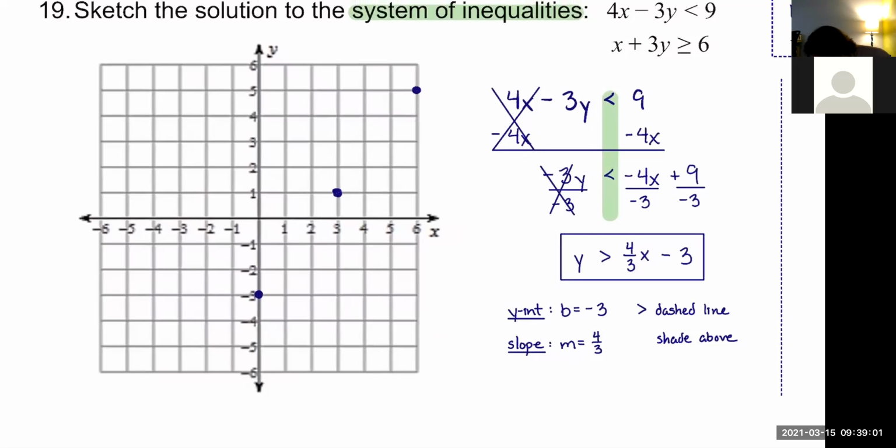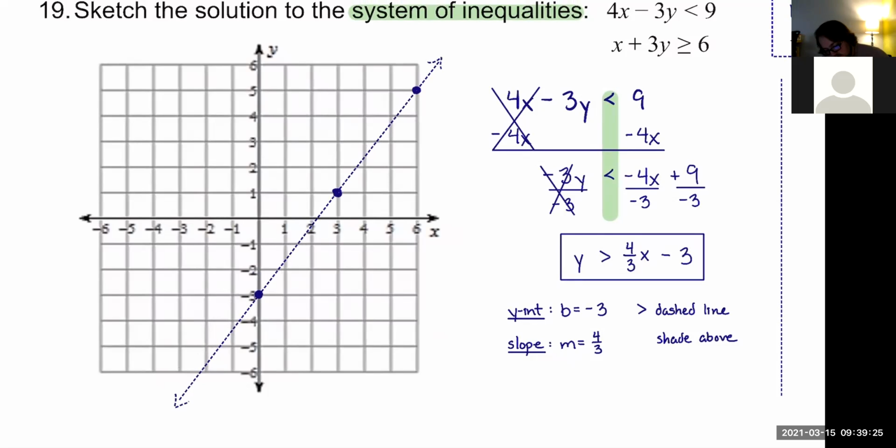According to my inequality sign, this line should be dashed. So I'll go ahead and draw in a dashed line. And remember, we have a whole second one coming. So if you are going to shade lightly here as a reminder, do it super lightly because we're not going to need everything at the very end.